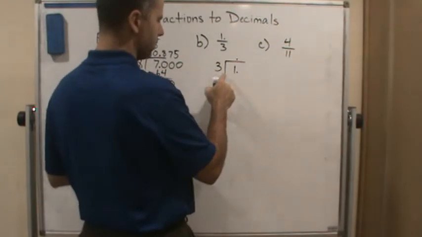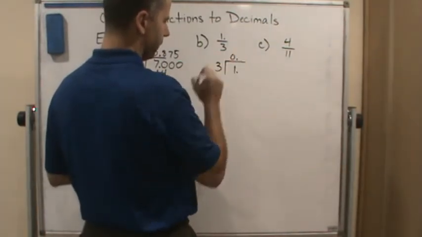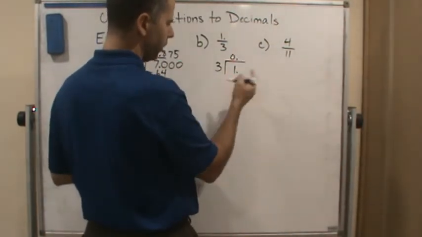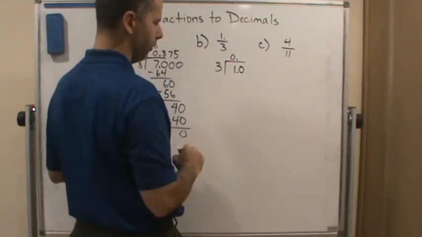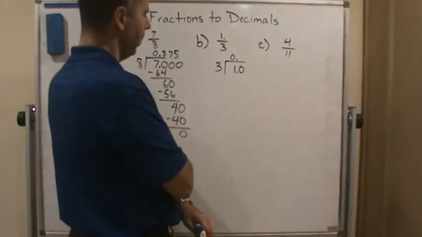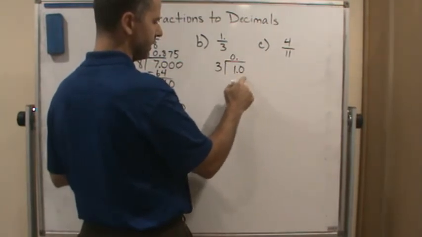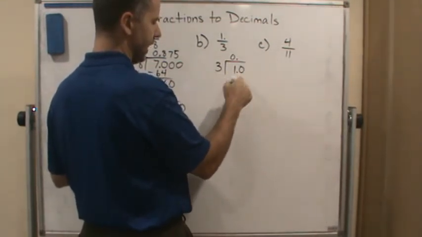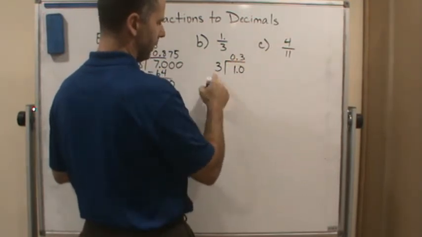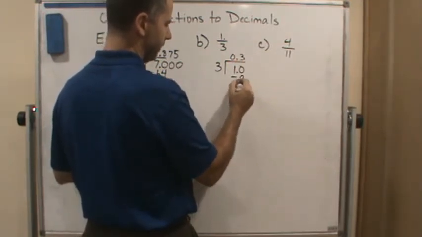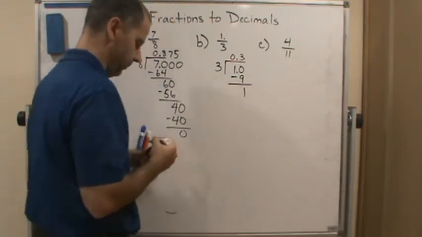Now 3 doesn't go into 1, so 0. We go to the next place value, put a 0, ignore the decimal, and look at this as 10. So 3 goes into 10 3 times, and 3 times 3 is 9. Subtract, and we get 1 again.